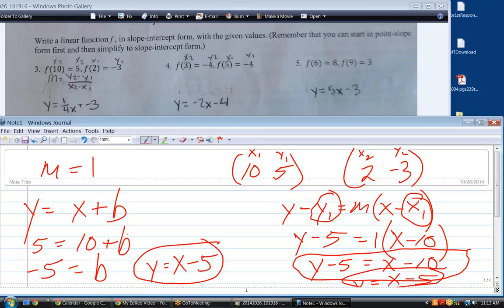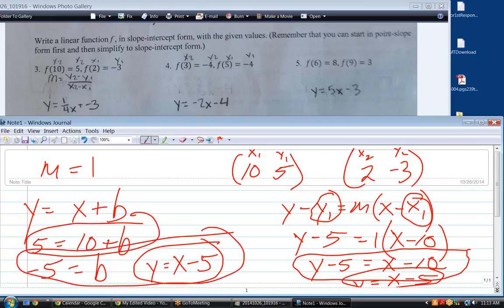Now, this way was 2 steps if we wanted point-slope format, but 3 steps if we wanted slope-intercept.